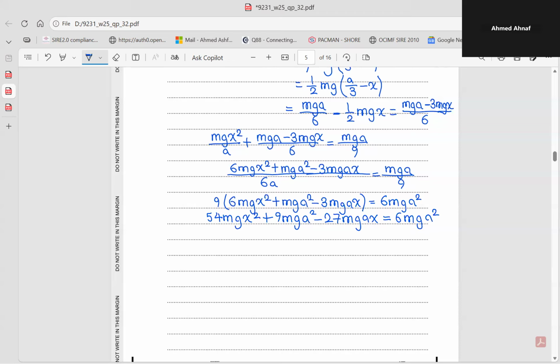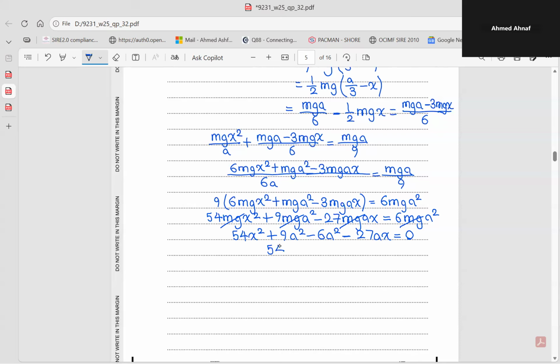Okay, so I think we can cancel out the mg. So this is 54x squared plus 9a squared. Let's move the 6a squared to this side, minus 27ax equals 0.